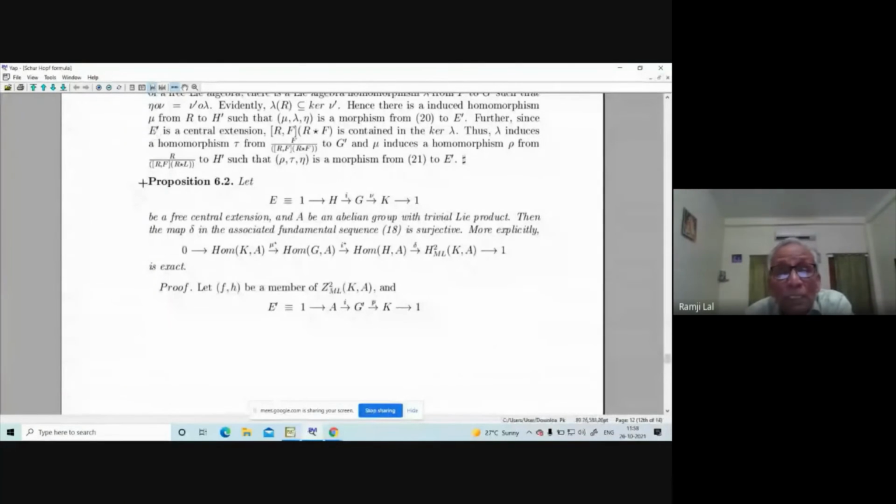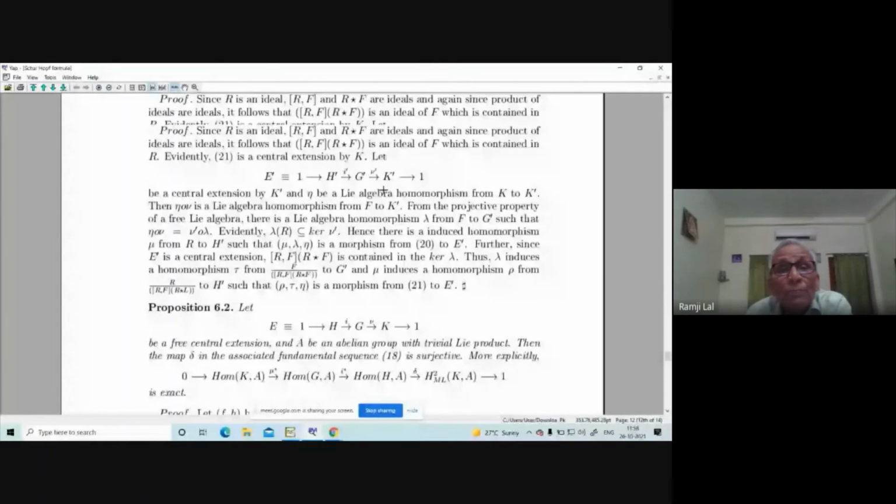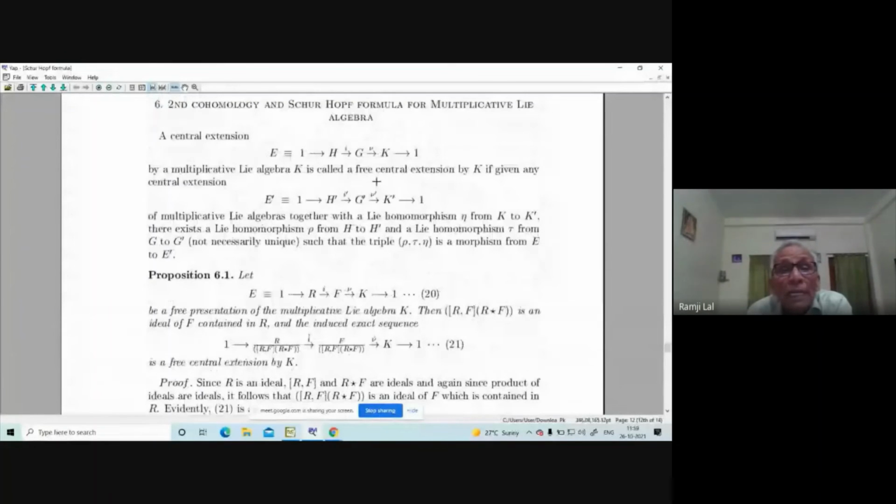So now, as you know, up to this it was already an exact sequence, but if it is a free central extension, the concept of free central extension is as usual in the case of groups. So this is a free central extension of a multiplicative Lie algebra. Recall in the case of groups, this is how you define a free central extension.